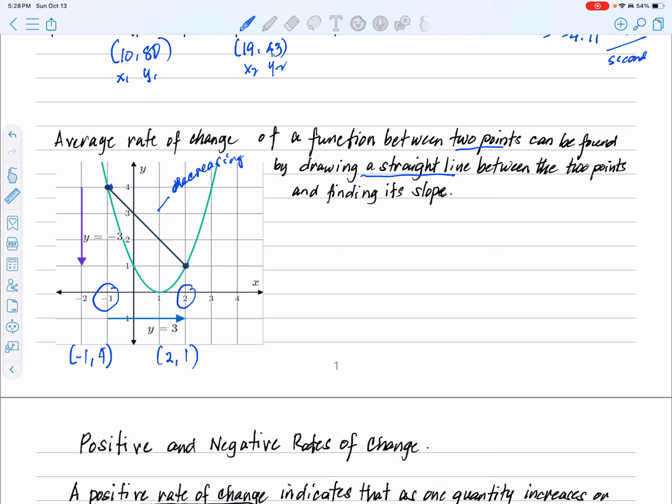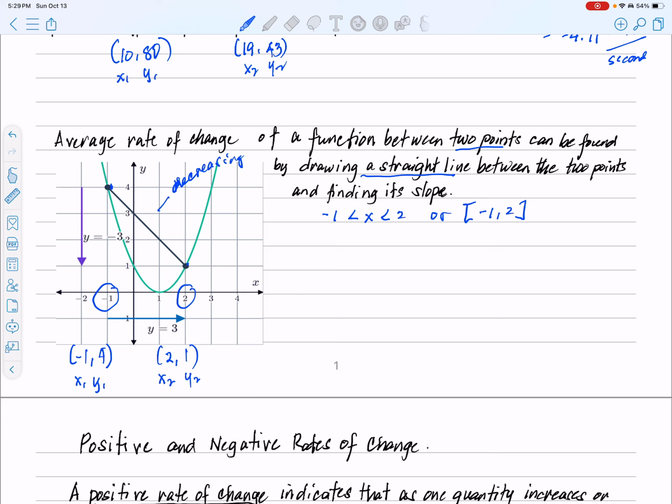Okay, so it's decreasing, and I will emphasize it as we find the slope. I could make this x1 y1, and this will be x2 y2. There are two ways of writing the interval. You can say from negative 1 to positive 2, or you could use the interval symbol, negative 1 and 2.